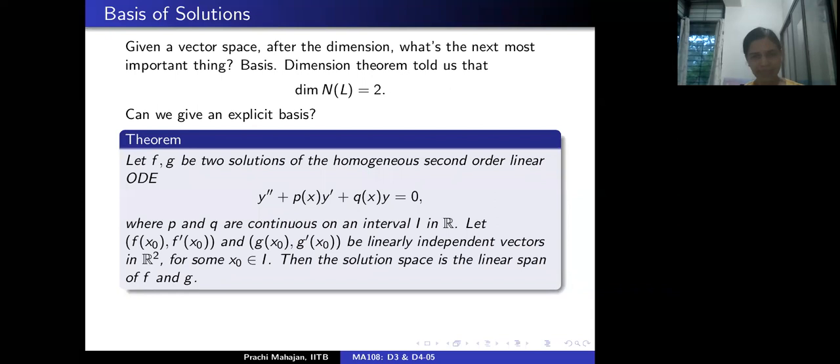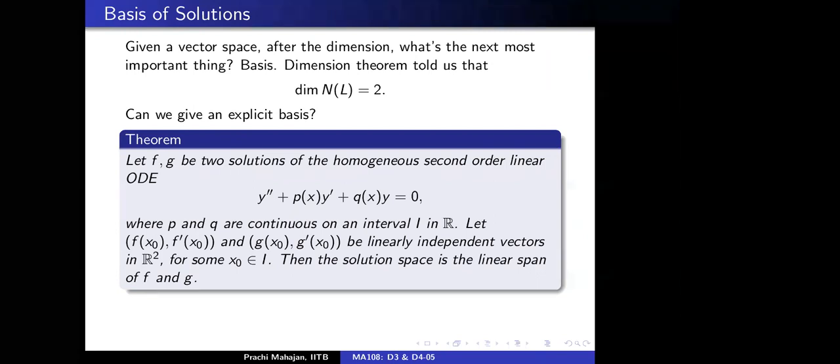I'll pause for a minute for you to understand the statement of this theorem. So what is this saying? If there is any other solution of this ODE, that must be a linear combination of f and g. Is that okay? Won't it boil down to just the fact that g(x) is not a scalar multiple of f(x)? See, you need two data points.